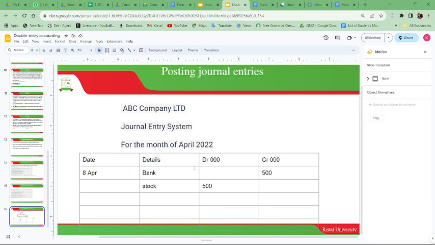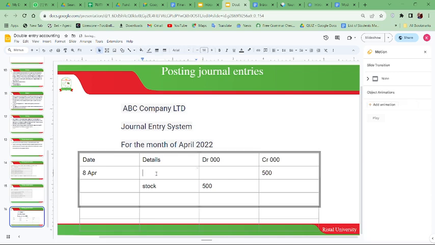So you're going to do the same. We have rent, and then we have cash.